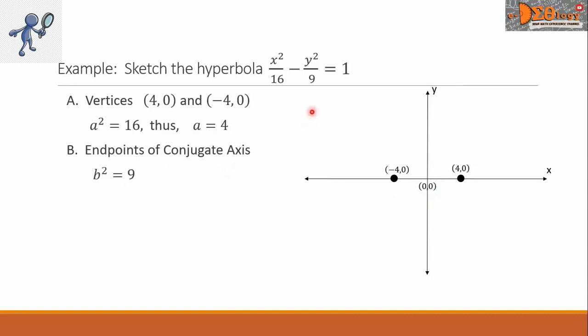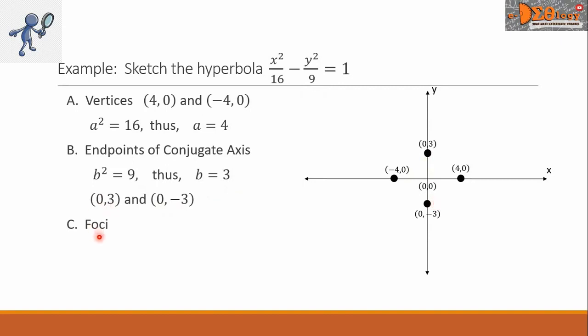Let us take b squared, the denominator of y squared, which is equal to 9. Getting the value of b, we take the square root, b equals 3. So the coordinates of the endpoints are (0, 3) and (0, -3). These are the points.